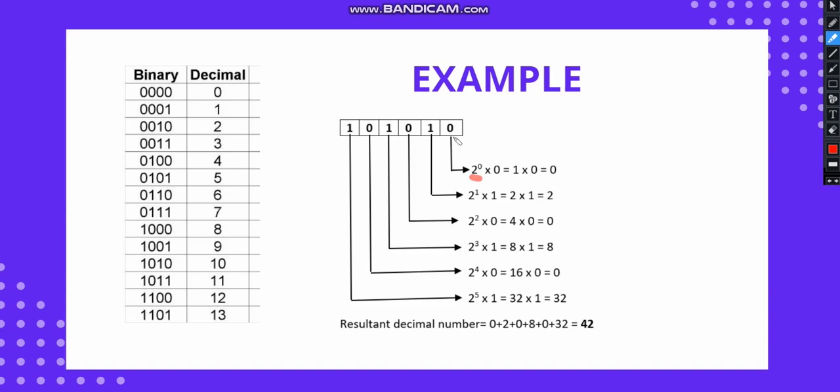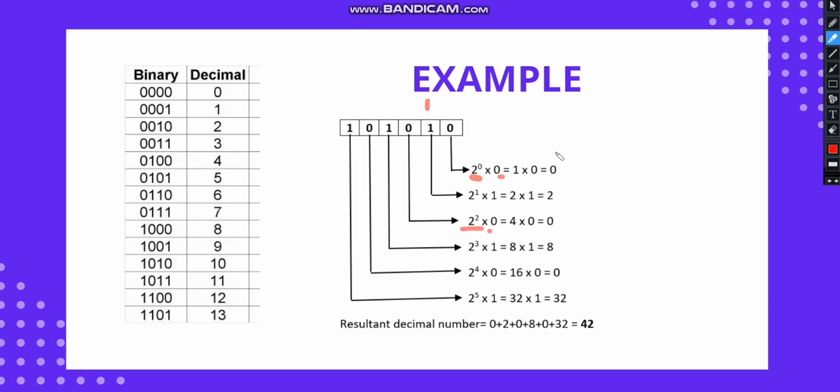If we start from 0, that is the rightmost digit of the binary number, then we multiply 0 with 2 to the power 0, where 0 is the index of that digit. Now we multiply 1 with 2 to the power 1, and then the third number, which is at index 2, with 2 to the power 2.